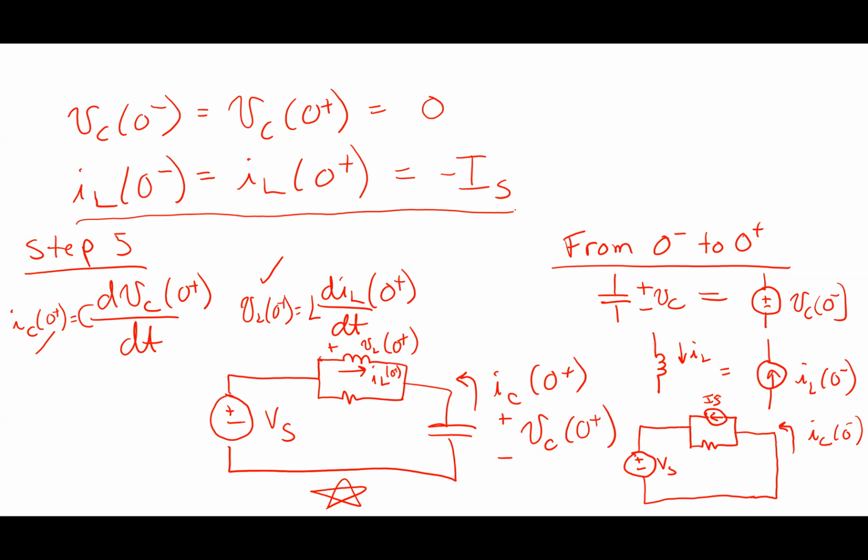I found in the previous part that I sub L is equal to negative I sub S. Now, the other thing I could have done is draw it like this. I could say it's going that way and it's negative I sub S. That's fine too. That's an equivalent statement. I reversed the arrow in that current.